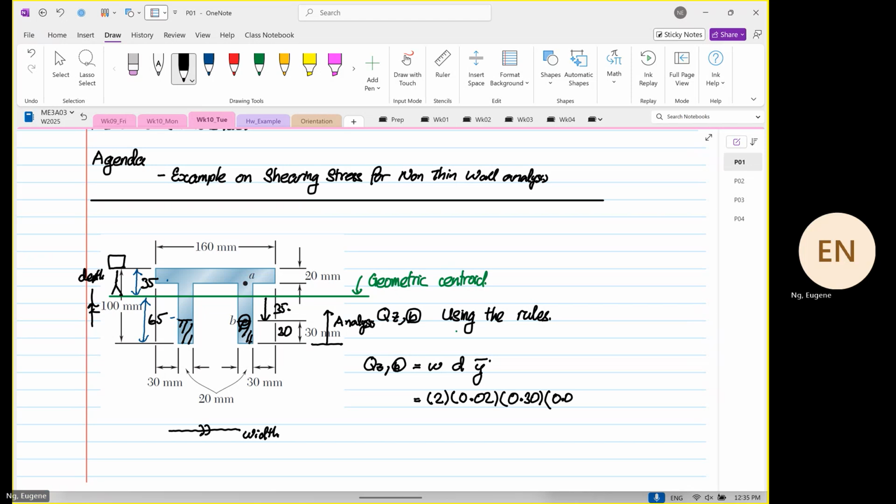Okay. So we are going to do y bar, which is equal to 0.065 minus, okay, so we can do 0.065 minus 0.03 divided by 2.